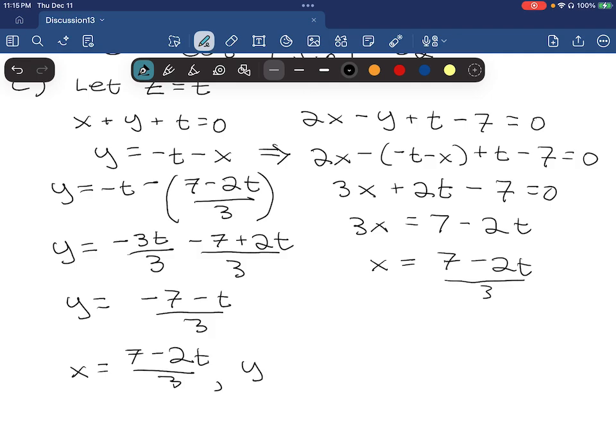And then y equals negative 7 minus t over 3. And then z just equals t. And this is our parametric equation of a line.